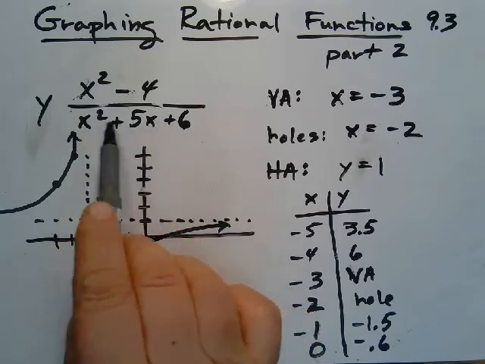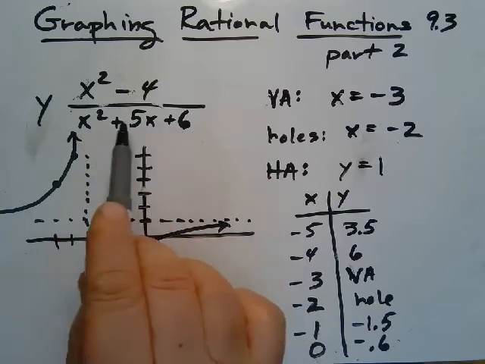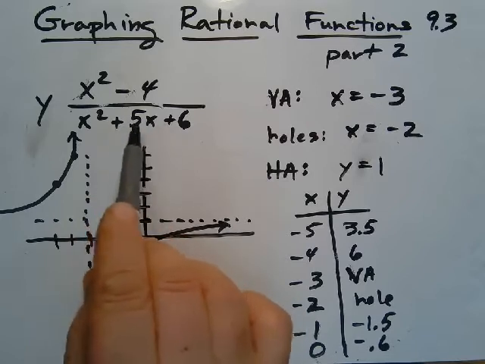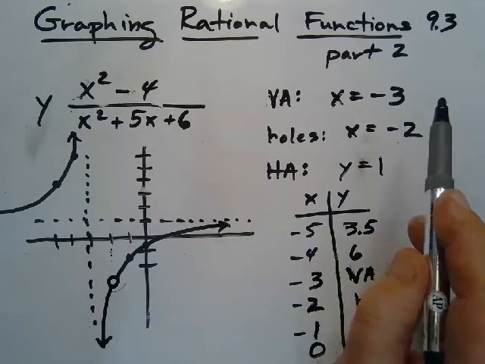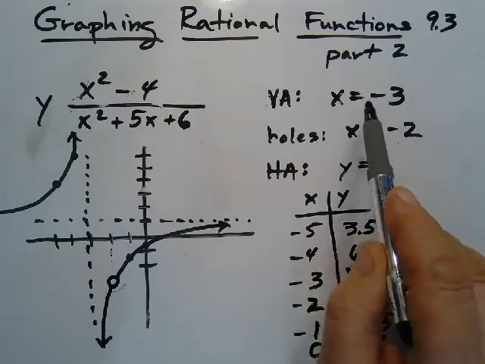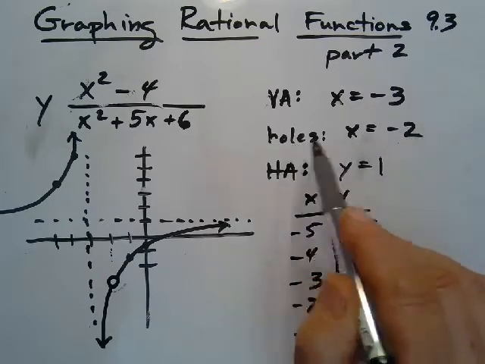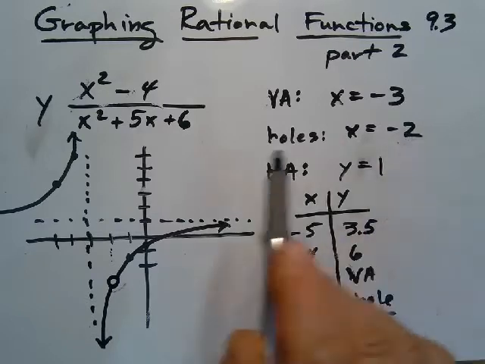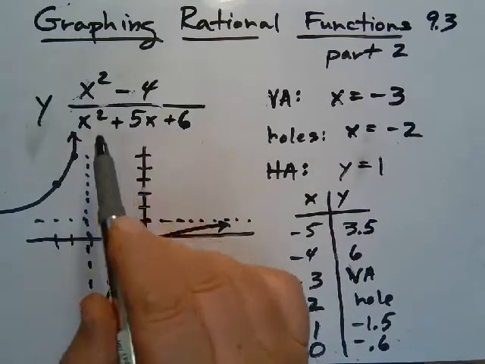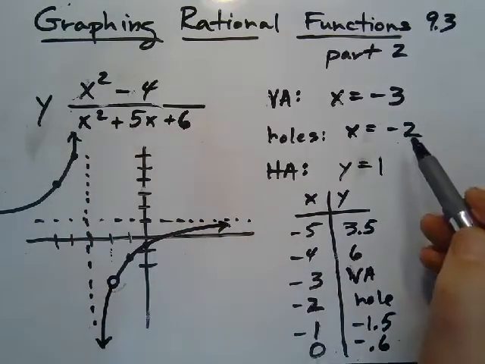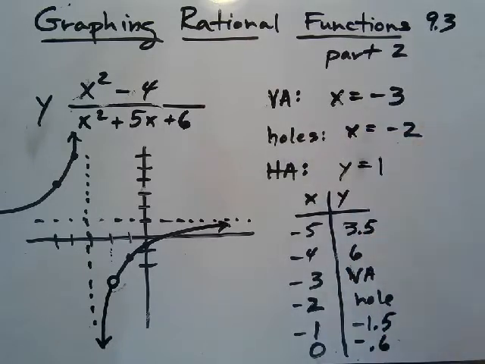In other words, the denominator cannot be equal to 0. So when we factored this, we found that our two factors told us that x could not be -3 and it could not be -2. Why was there a hole at -2? Because the factor x + 2 canceled. When something cancels away, it becomes a hole. So this is the idea.